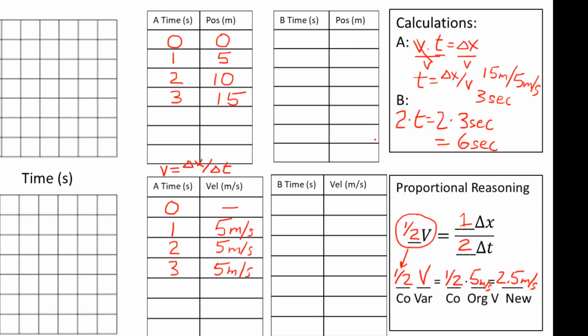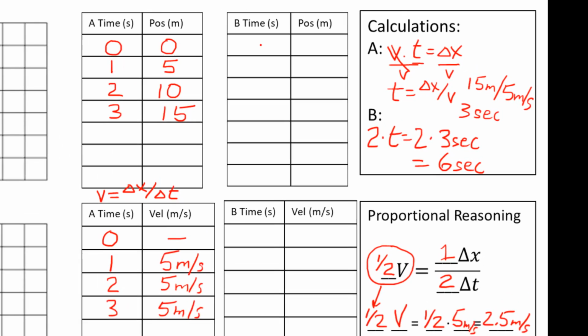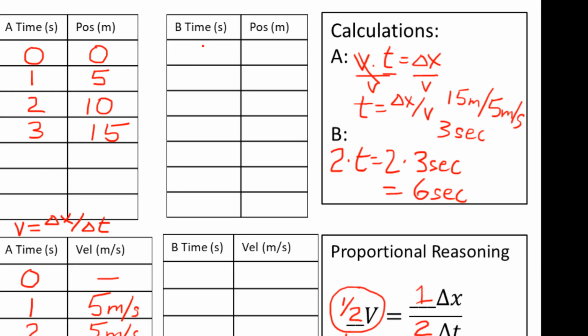All right, so we have an idea of how much time will be passing as B is moving. I'll record my position versus time for item B. I'll assume a position of 0 at a time of 0. At a time of 1, moving at a velocity of 2.5 meters per second, I'm at a position of 2.5 meters. At 2 seconds, 5 meters. At 3 seconds, we've moved an additional 2.5 meters.